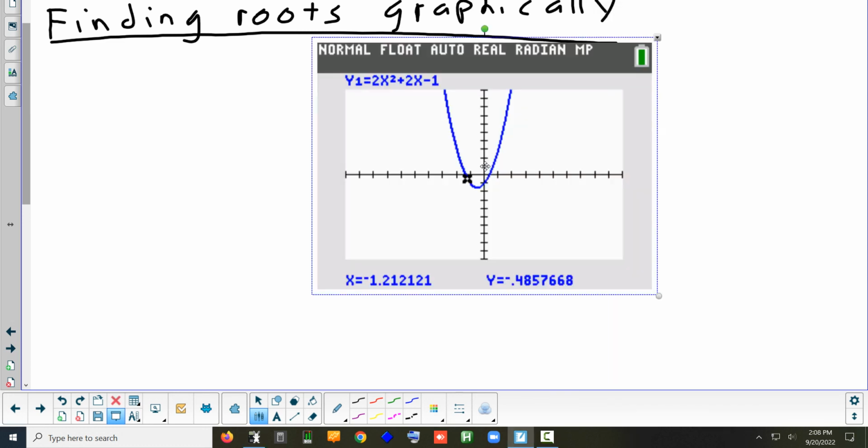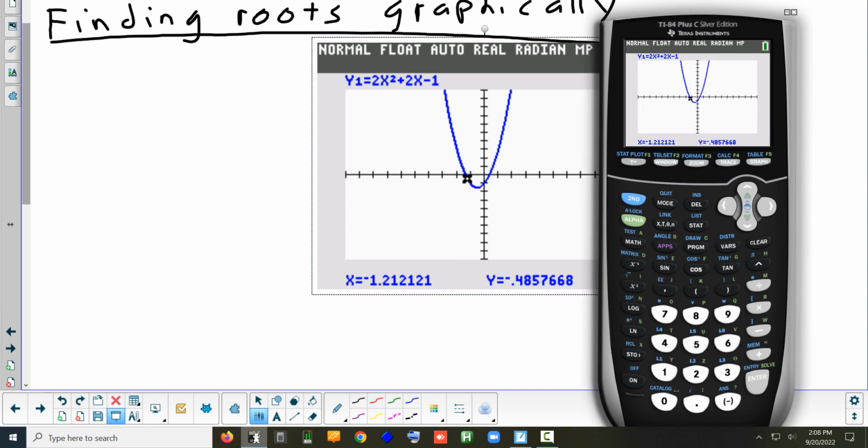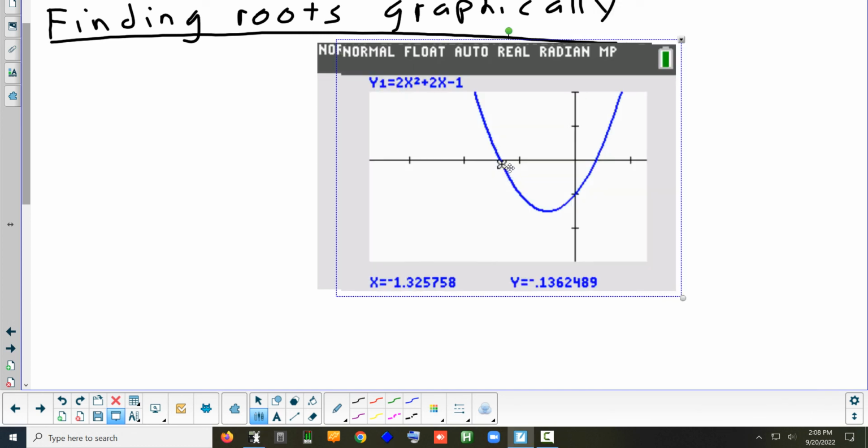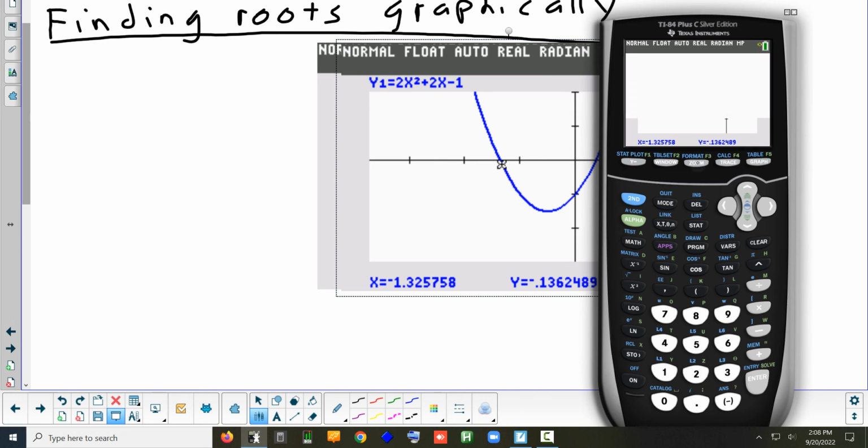Right there. And then you'd have to zoom in on that spot. You'd press zoom, 2, and zoom in to see it closer. And then you'd press trace again and move it a little closer. So now it looks like I'm getting a little bit better answer because I'm even closer. And then I would have to zoom in again.